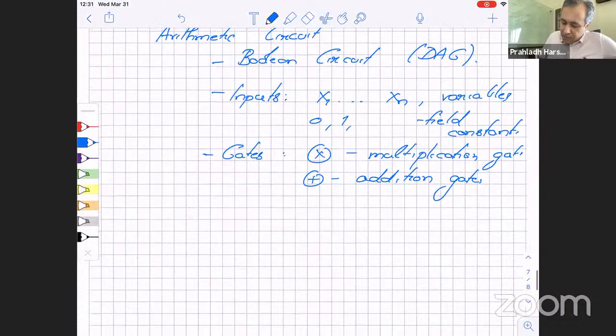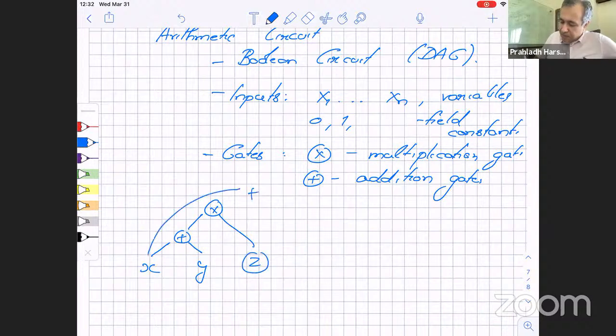For example, I could give x plus y, times z plus x. I feed both of these, and that's the final output. That's one arithmetic circuit. And I'm asking you, is the polynomial computed by this arithmetic circuit the identically 0 polynomial or not?